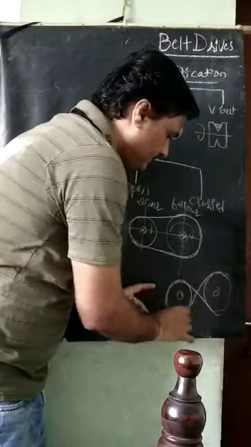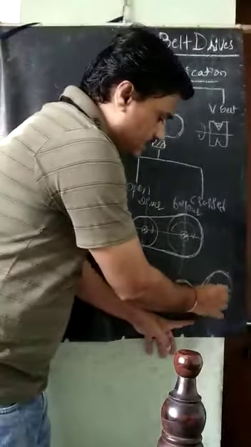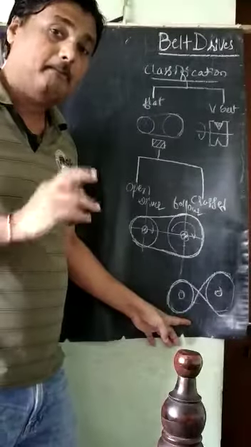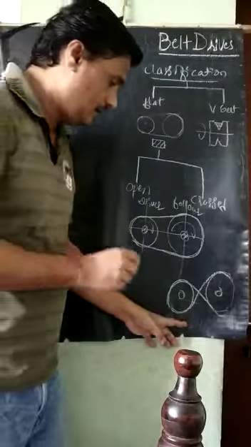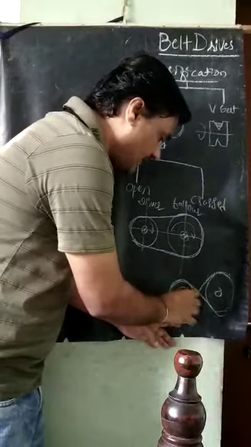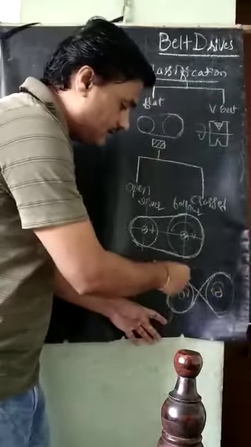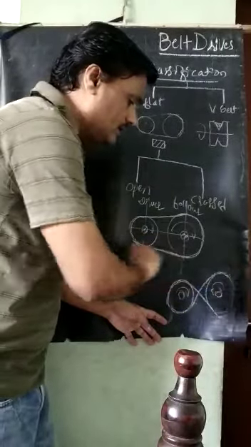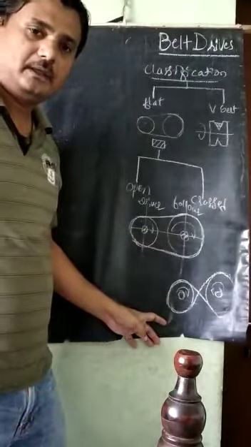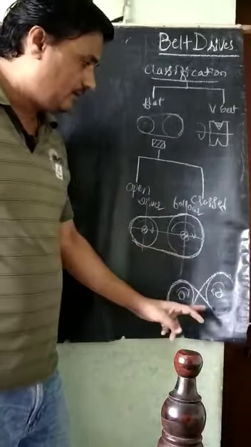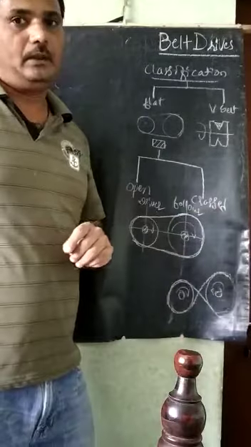In this case also the shafts are parallel, but the shafts are rotating in opposite directions. This one is rotating in this direction, another is rotating in this direction. Therefore this is called the crossed belt drive.